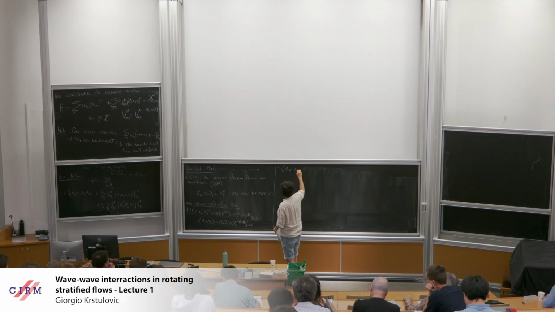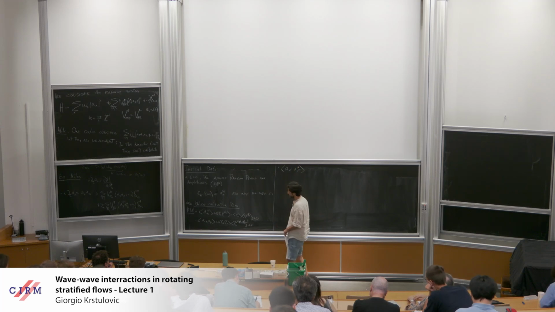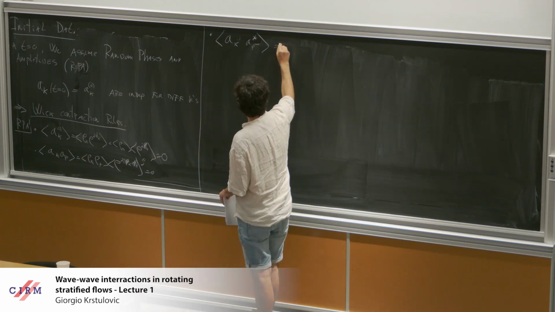If I have a_k a_p conjugate, then it's different because the phase can cancel.